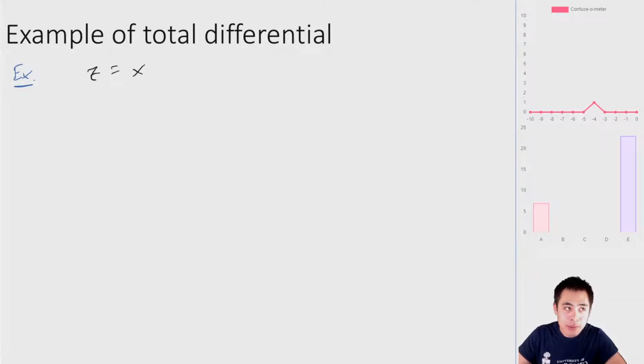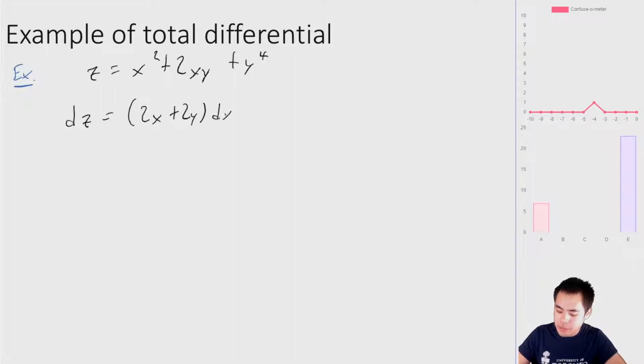If you have z equal to x squared plus 2xy plus y to the fourth, then dz is going to be equal to, you take the partial derivative with respect to x. So that's going to be (2x plus 2y) dx. Take the partial derivative with respect to y. So that's going to be (2x plus 4y cubed) dy.